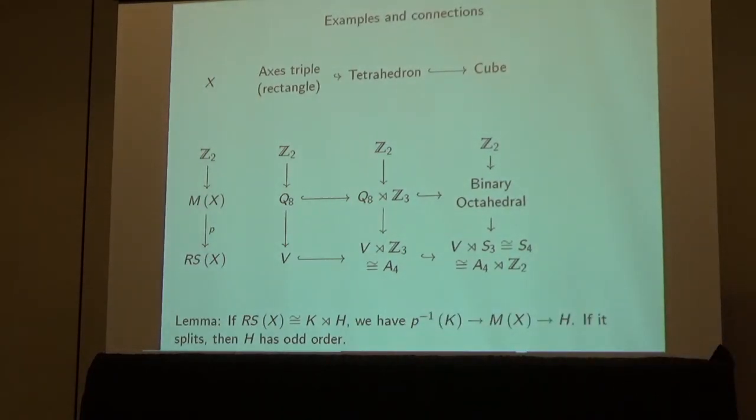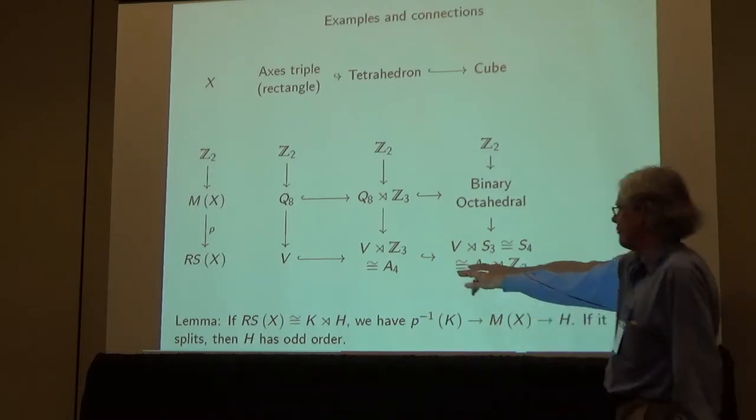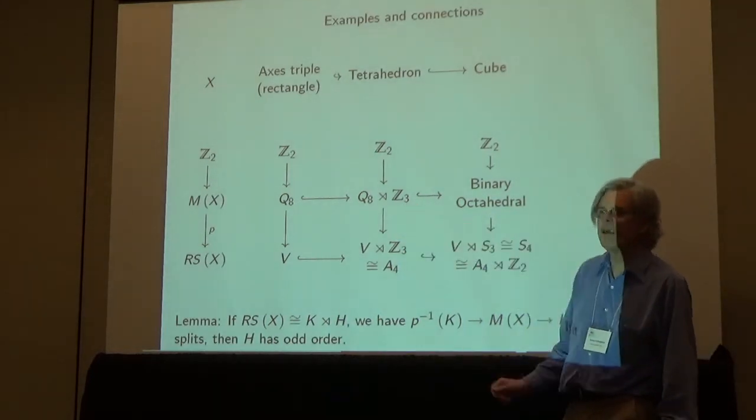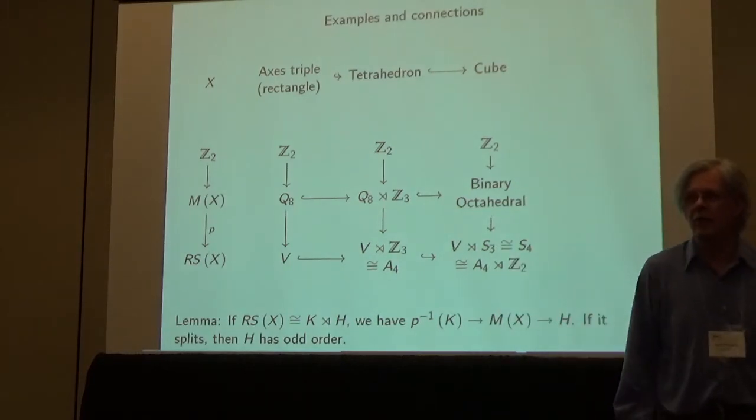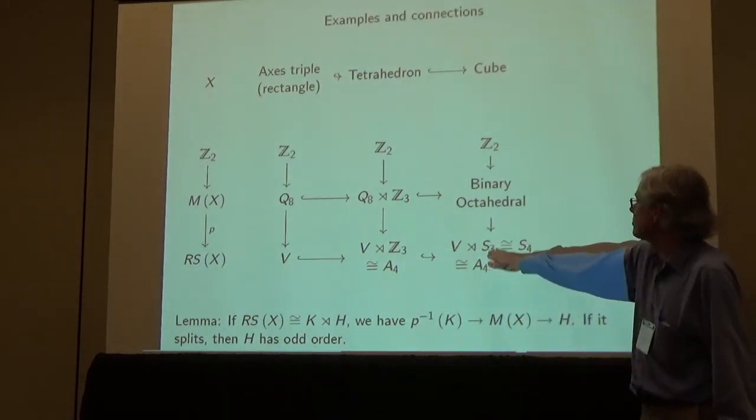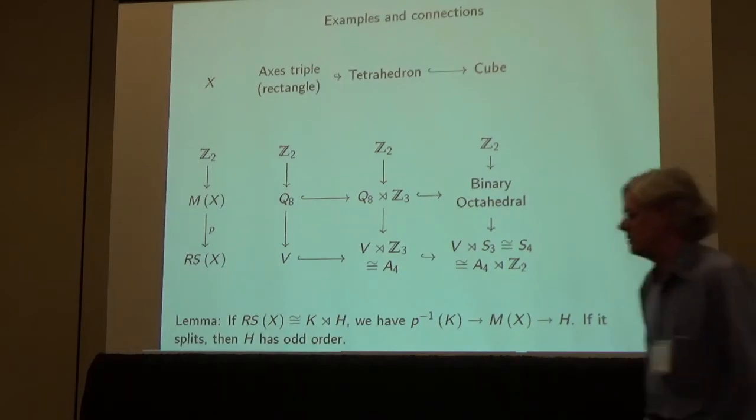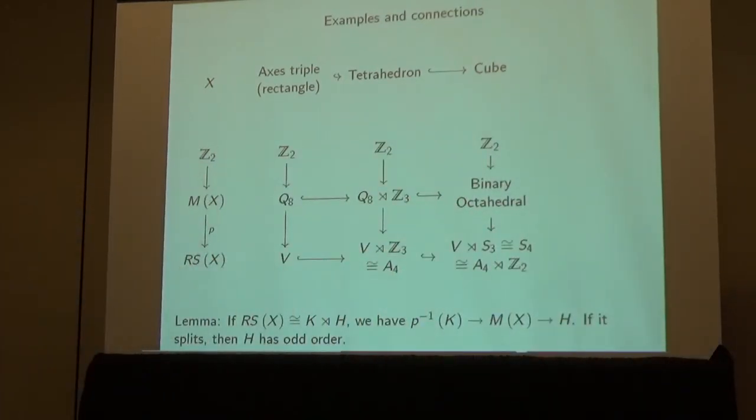And if that splits, you could prove that the H at the bottom had to have odd order. And it did here have odd order, which allowed this to split. But here you notice S3 doesn't have odd order, and so this little lemma tells us that this splitting can't lift to the binary octahedral group as a splitting over there.